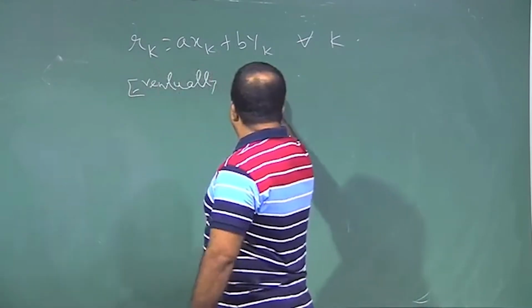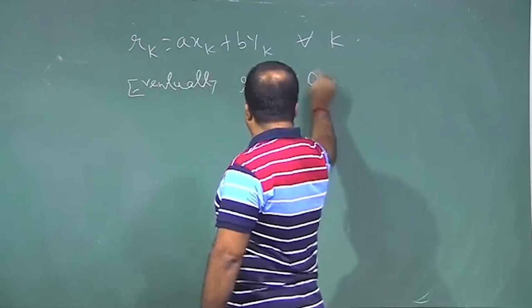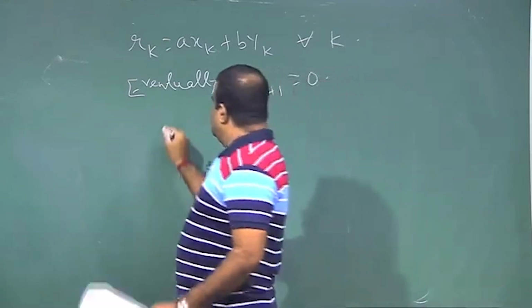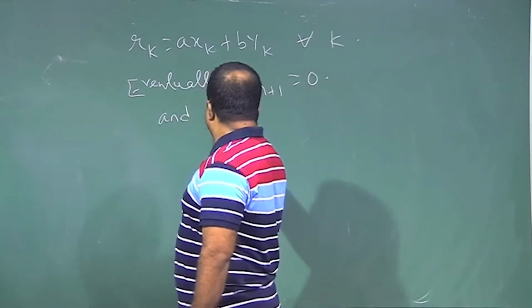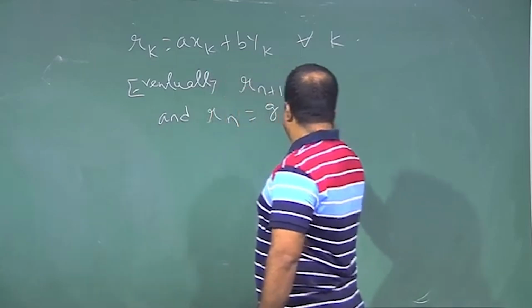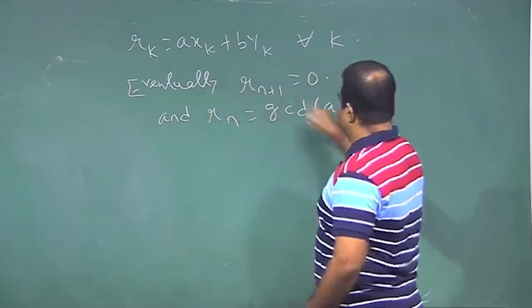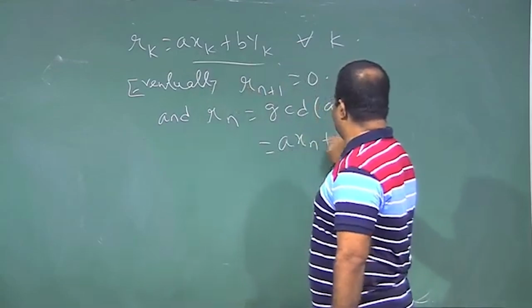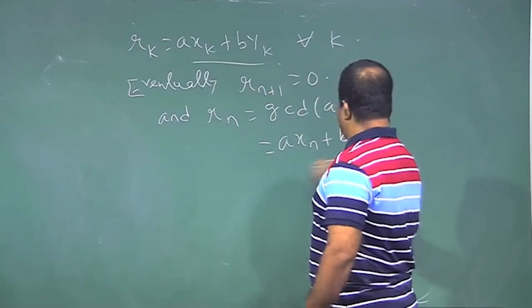Eventually we reach r n plus 1 equal to 0, and then the previous remainder r n is the GCD of a and b, which is basically a x n plus b y n.